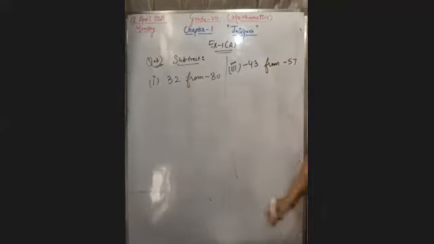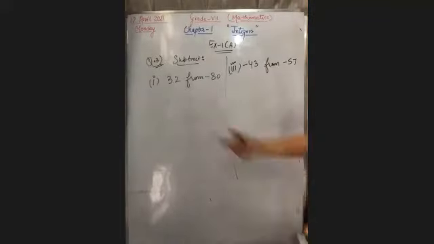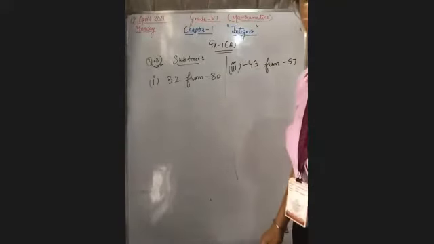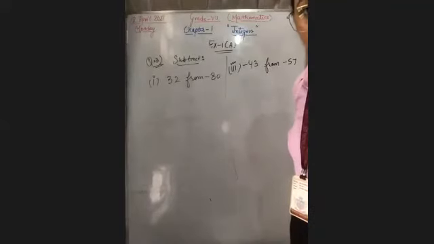Start writing in your notebooks. Start writing. Okay, I'll call your names one by one, how we can subtract this number from this number and this value from this value. Rochelle, just wait. I'll call you one by one.